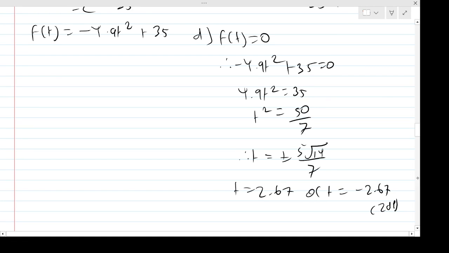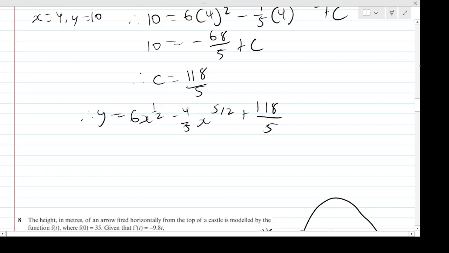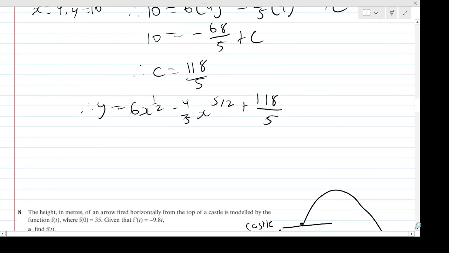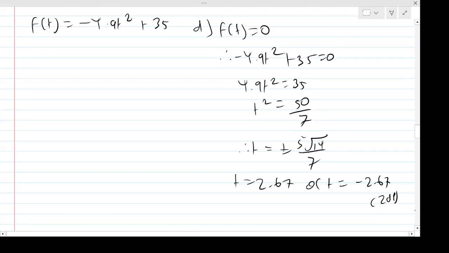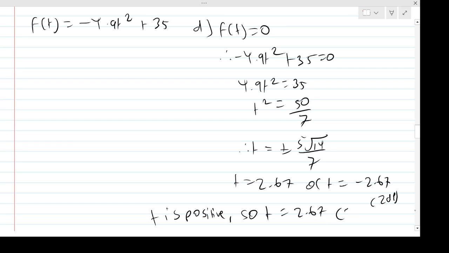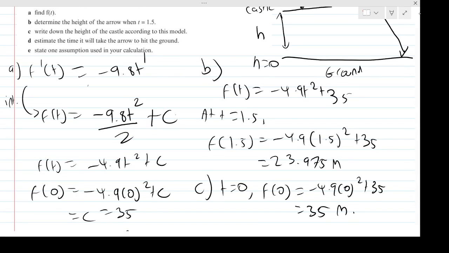Okay, so which value of t do we pick? Well, t's time, so it has to be positive. Time is positive, so we can only take the positive solution. So t is 2.67 to 2 decimal places. Does it say the units? I don't think it did.